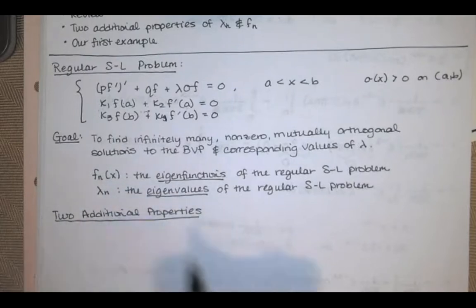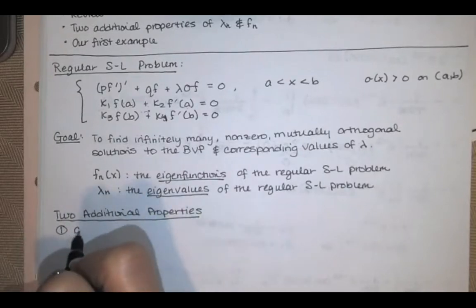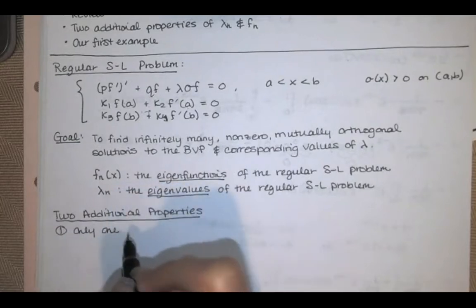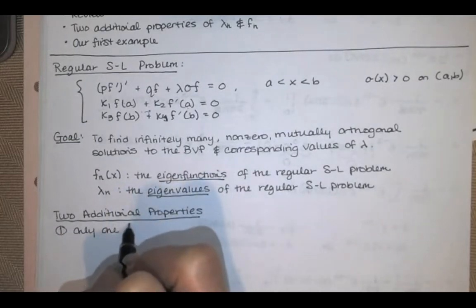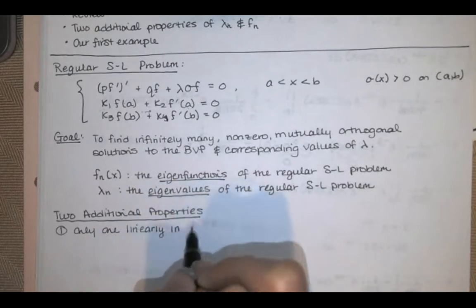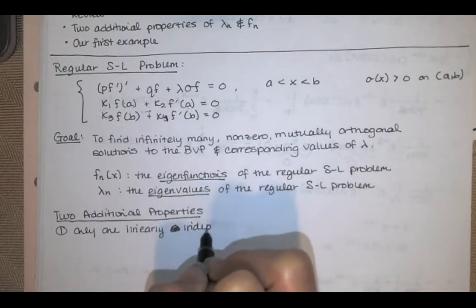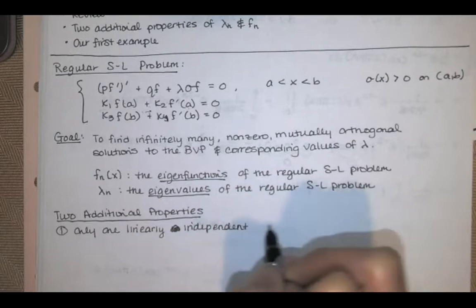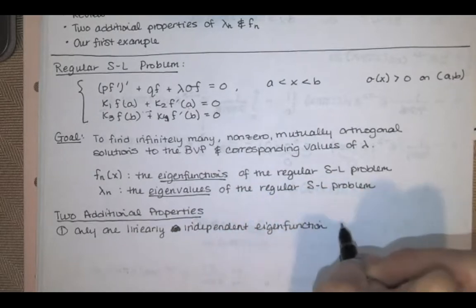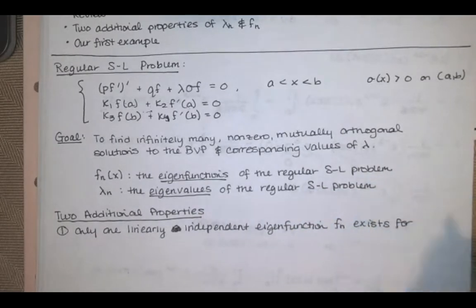So here are two additional properties. The first is something I think I've said many times, but haven't actually stated as a property. Only one linearly independent eigenfunction f sub n exists for each eigenvalue.